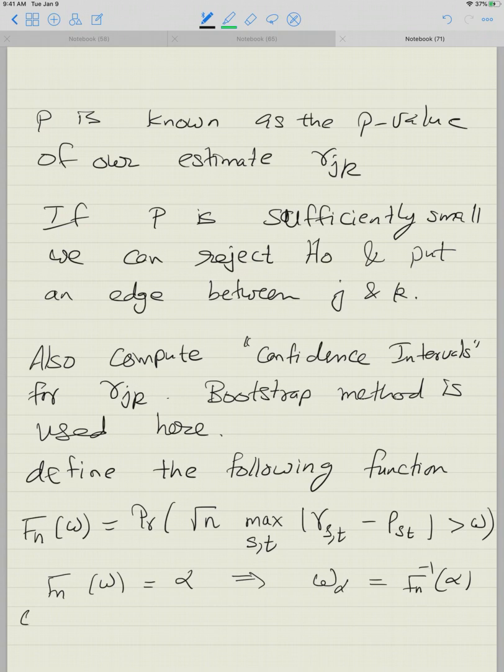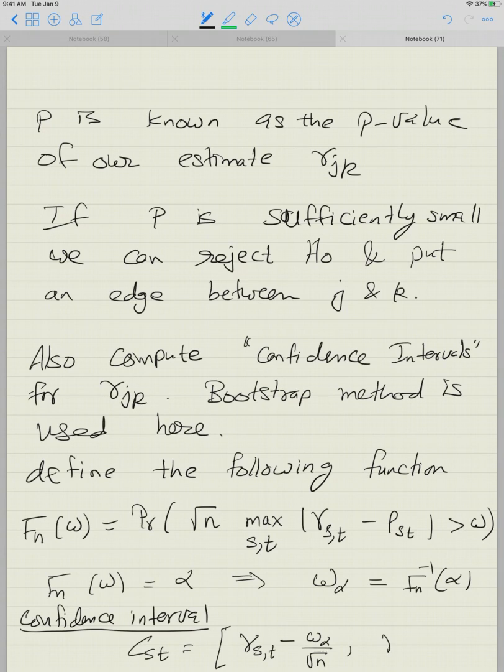And then the confidence interval, this is the same calculation we had done before when we discussed the relationship between the training error and test error in PAC learning. It is rst minus W alpha over root n to rst plus W alpha over root n. This is the confidence interval that we get.